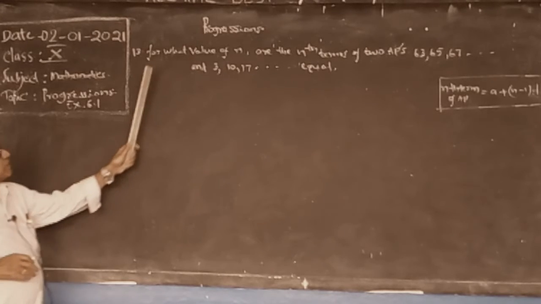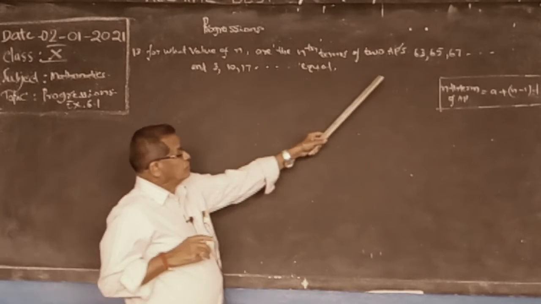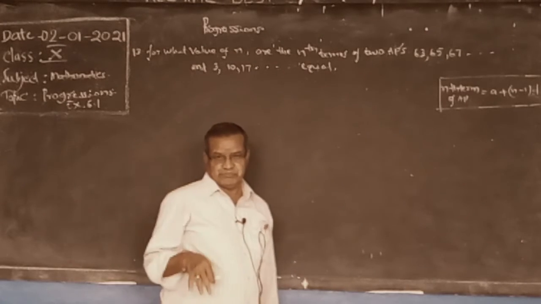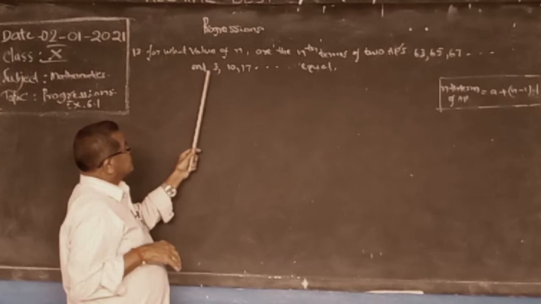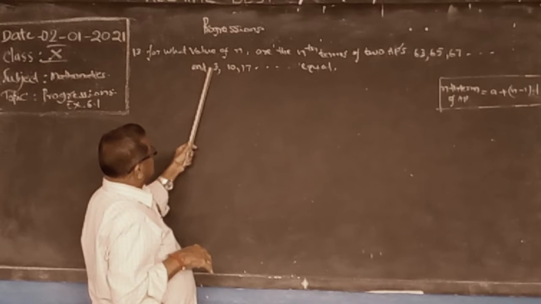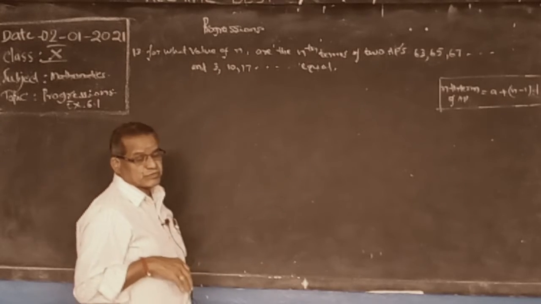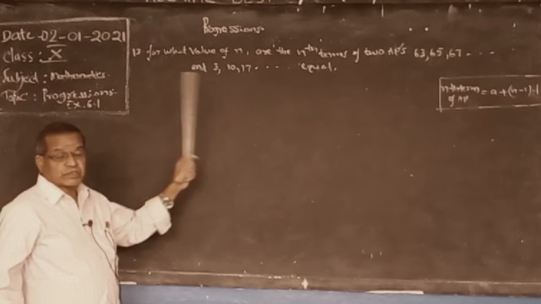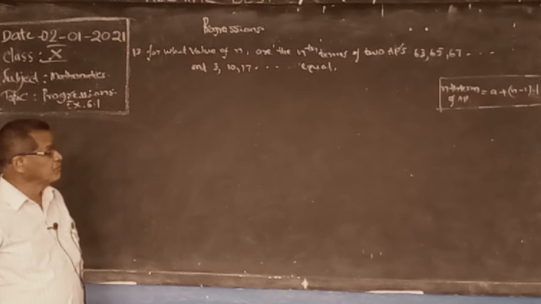Two progressions are given. First progression 63, 65, 67, second progression 3, 10, 17. The nth term of both the APs are equal.